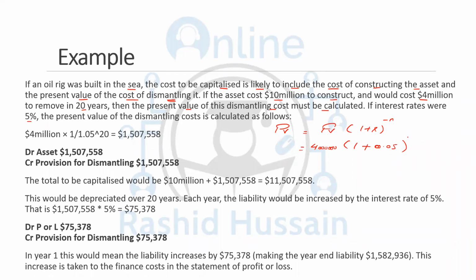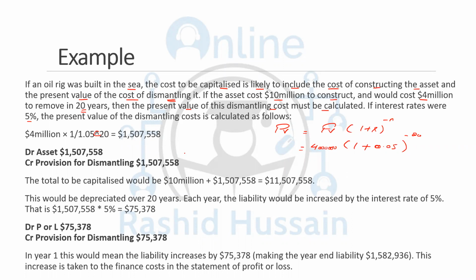Raised to power minus n. After how many years are we going to dismantle it? After 20 years, so we take minus 20. First of all, as the maths rules state, you need to solve the brackets: 1 plus 0.05. If you have calculators, you can just check it. 1 plus 0.05, then press the equal sign, then go to the keys above, where you will find the exponent key.